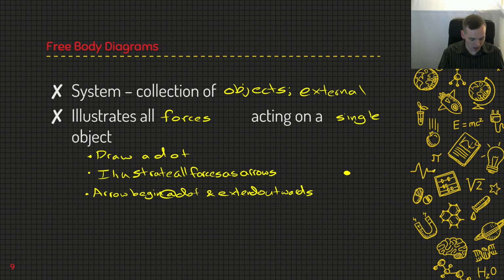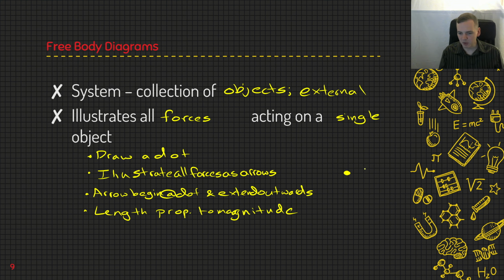So you always start on the dot and go out. And then the length should be proportional to the magnitude. So if you have a force that's twice as big, it should generally be drawn as twice as long.